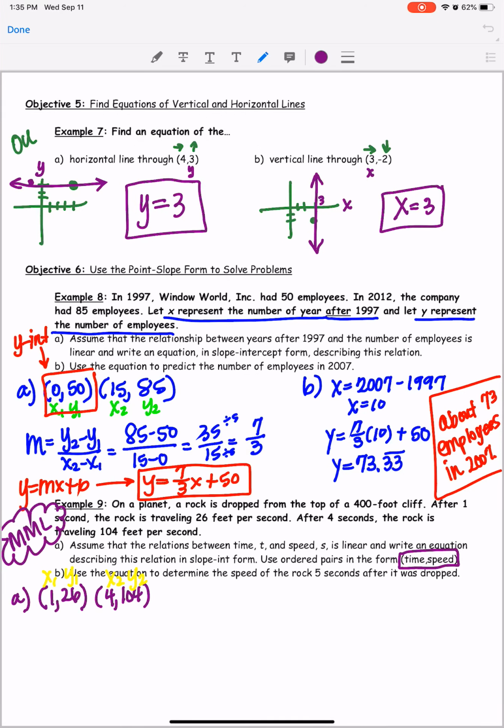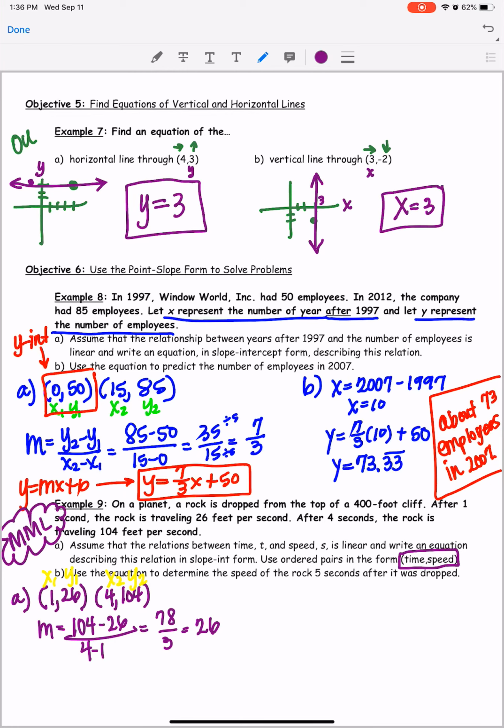Okay, so use your slope formula here. We've got y2 minus y1 over x2 minus x1. So we get 78 on top, 3 on the bottom, and then that comes out to a nice and pretty 26.